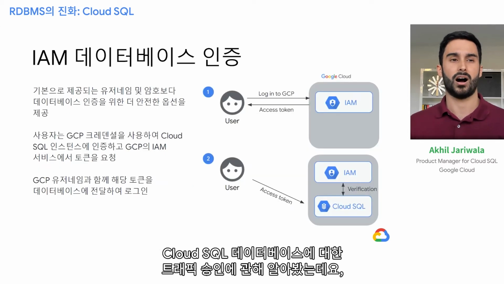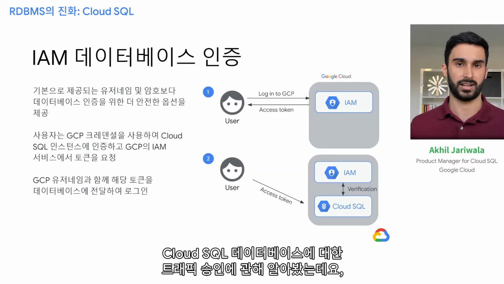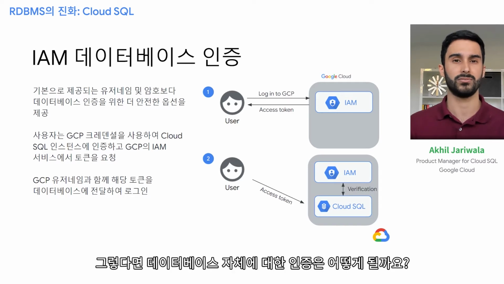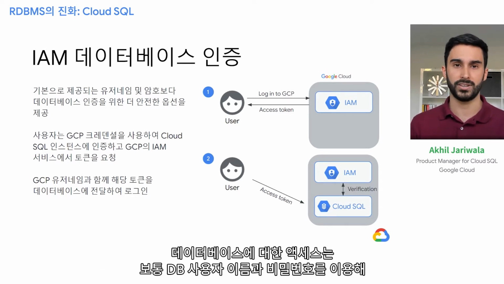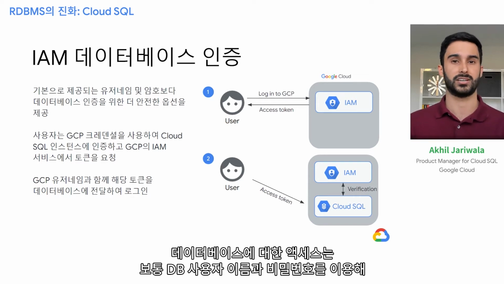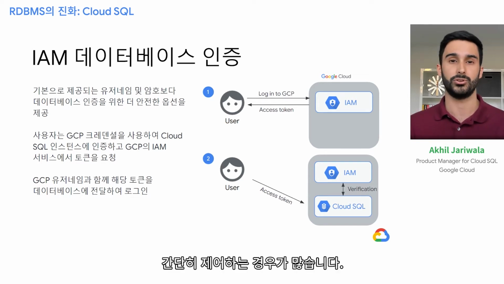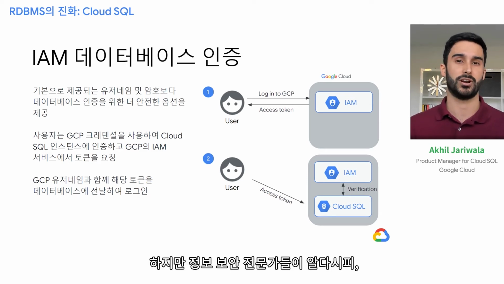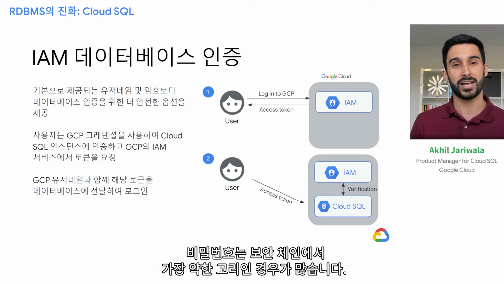We've talked about authorizing traffic to the Cloud SQL database, but how about just authenticating to the database itself? Often, access to databases is controlled simply with a local username and password. But as any information security professional knows, passwords are oftentimes the weakest link in the security chain.